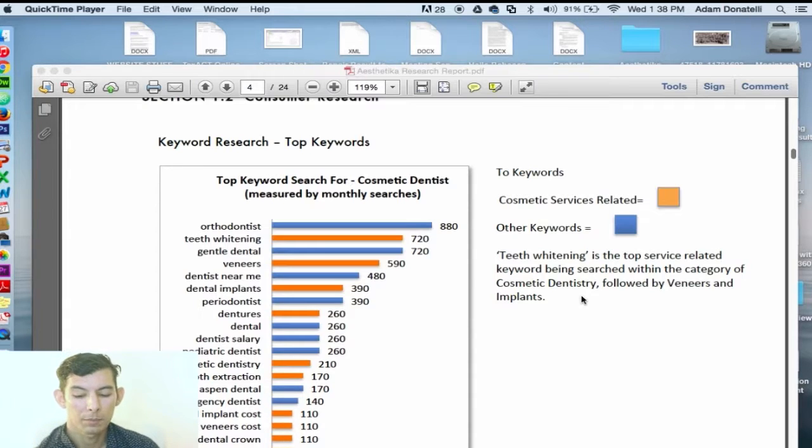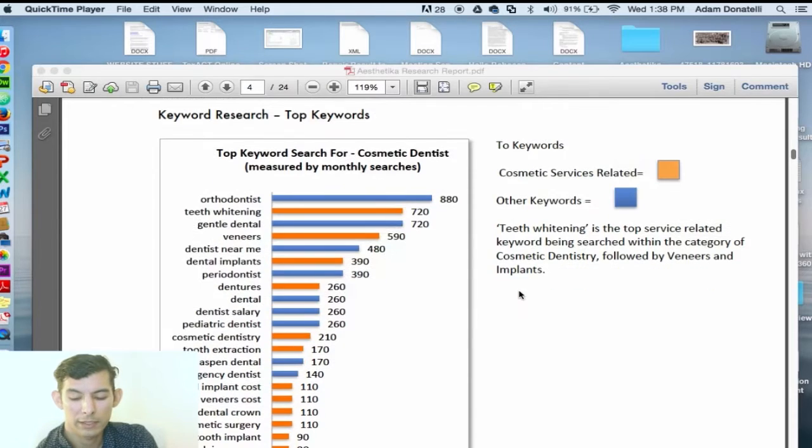These are the top, right here on this page, are the top performing keywords in that category. Now, don't get too excited about these. There is more to drill down into that is going to tell us really what the top products and services are. Okay, but I still like to include it here. The ones in orange are services.